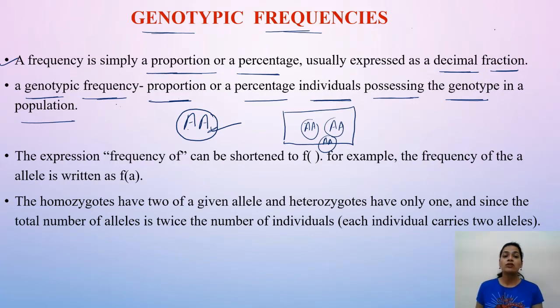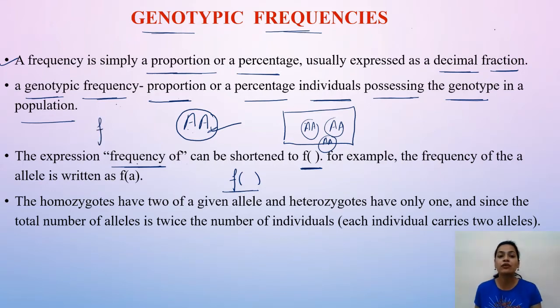Now see, the expression "frequency of" is generally shortened by a small letter f and brackets. This means frequency of. If you want to calculate the frequency of this particular genotype, how can I write it?